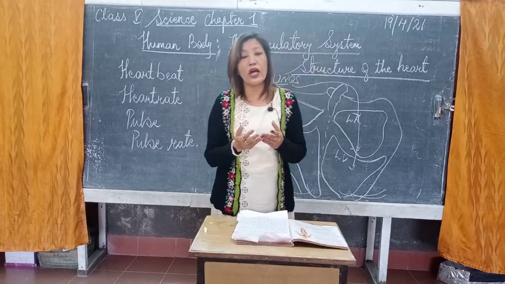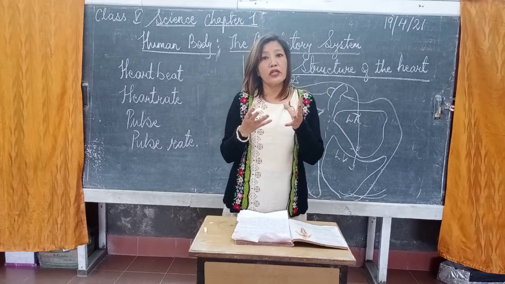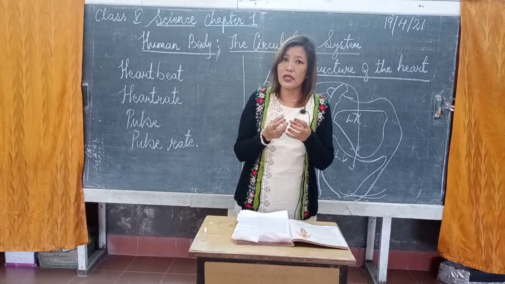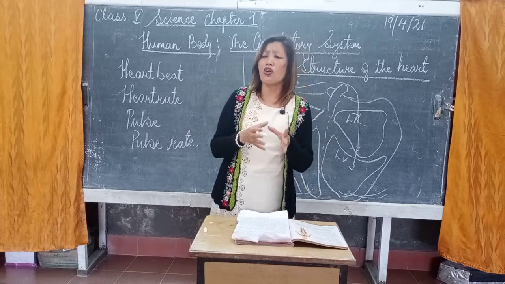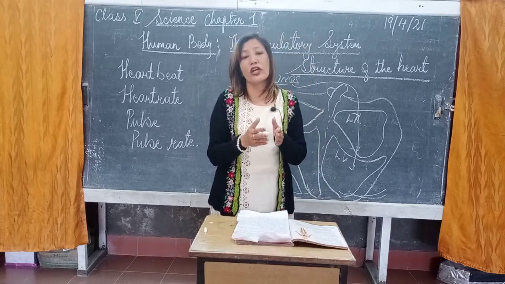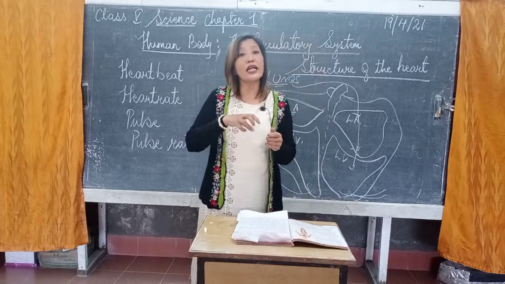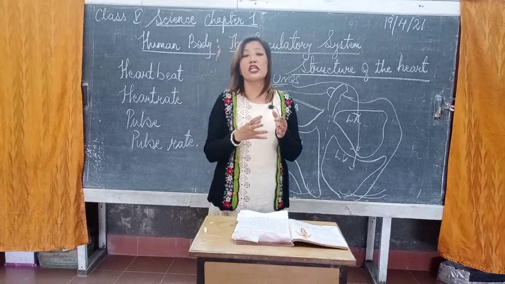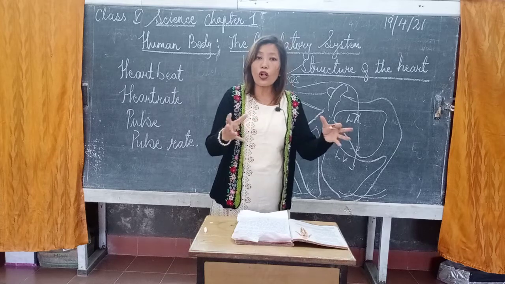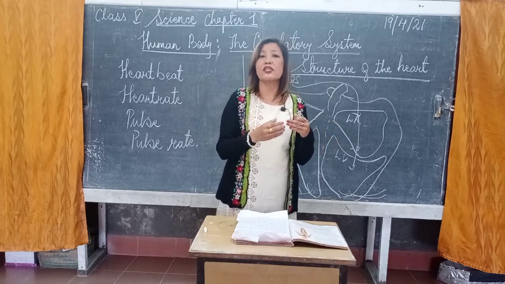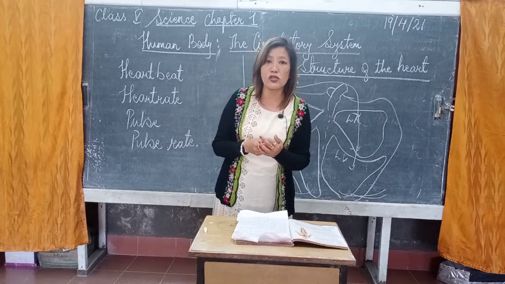The first function is that the heart will pump the oxygenated blood, containing oxygen and nutrients, to each part of our body. The second function is that the heart will collect the deoxygenated blood, rich in carbon dioxide, from all parts of our body and send it to the lungs for purification. These are the two main functions of the heart.